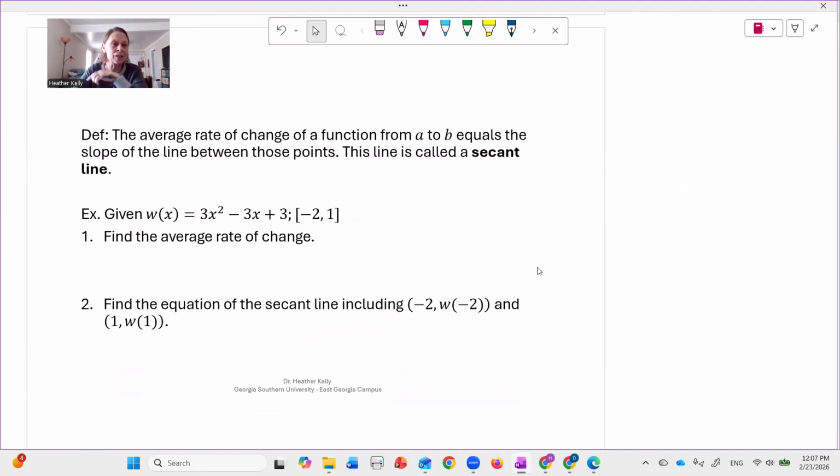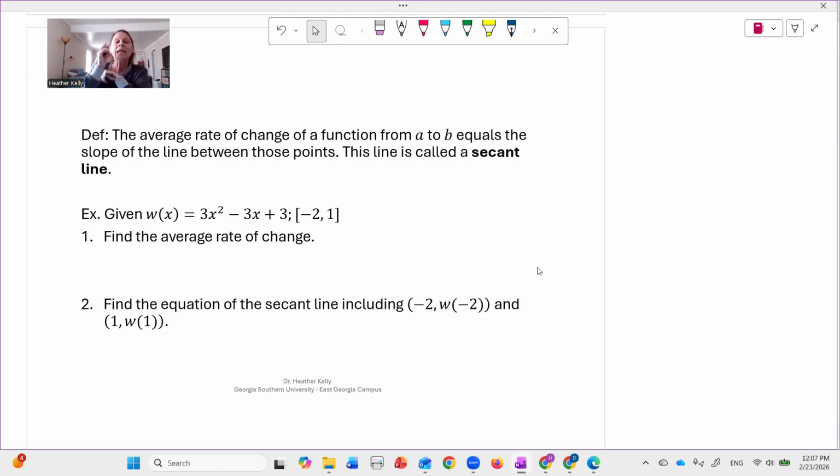The average rate of change should have felt a little bit familiar. If it didn't feel familiar, then that's okay. It's been a long class, but it is actually the slope between 2 points, right? The y part minus the y part over the x part minus the x part. Exact same thing.